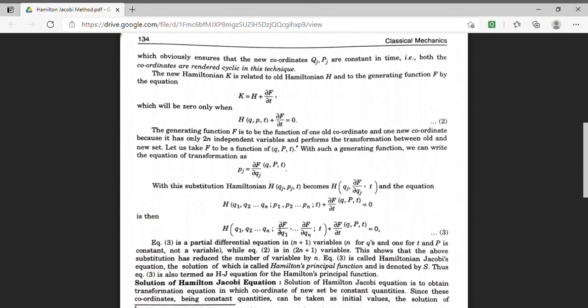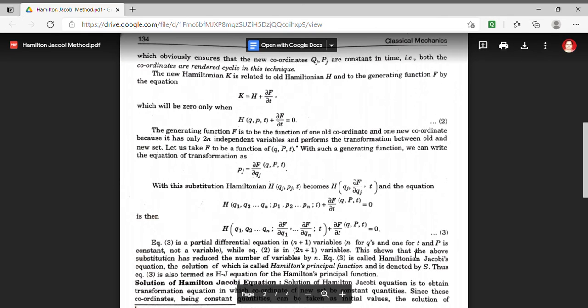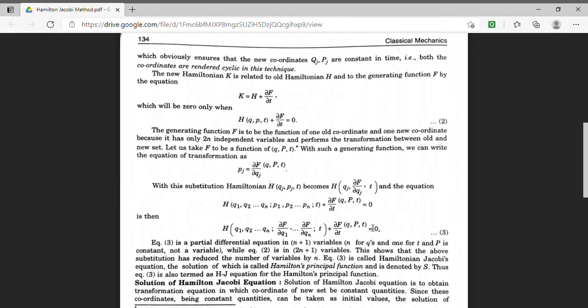And del F by del q is related to pj by this expression, and capital P is constant.